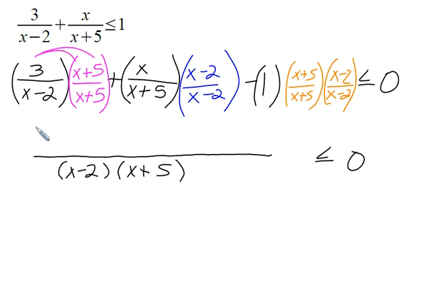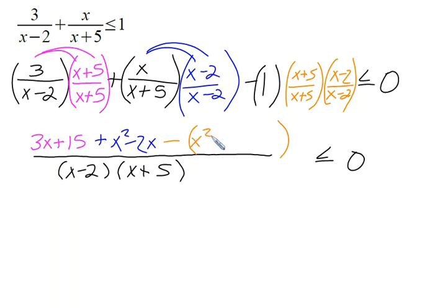Keep in mind we have to distribute, so we'll have 3x plus 15 plus x squared minus 2x minus, now let's subtract the entire quantity when we FOIL out these terms here on the screen. We would have x squared minus 2x plus 5x minus 10.